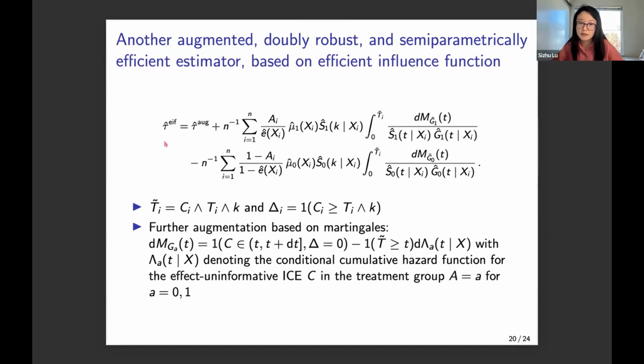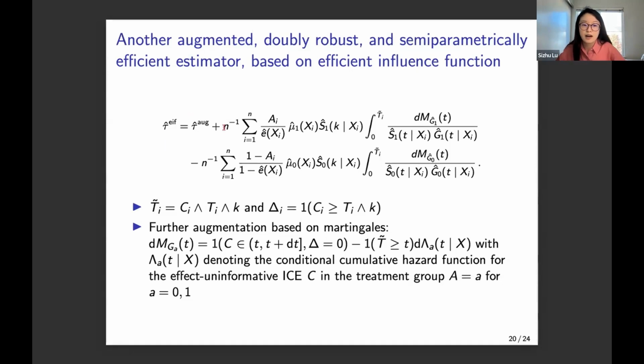This is constructed based on the efficient influence function. A little bit more detail on the technical part: here, we make it robust to the misspecification of the censoring probability by further projecting onto the nuisance tangent space generated by this nuisance G, the censoring at random nuisance part.